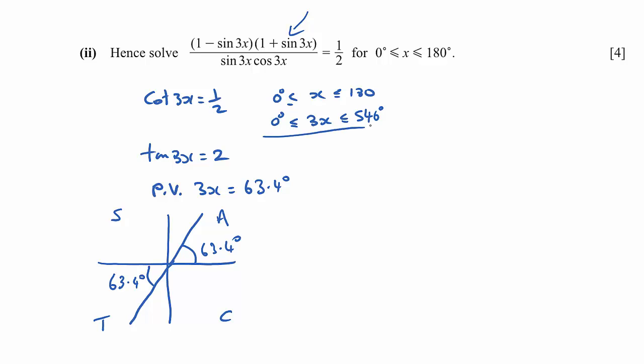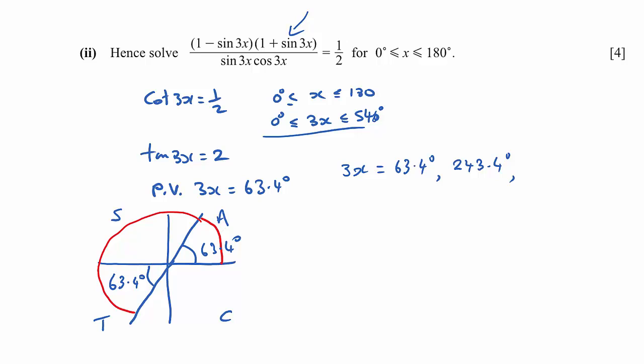And we have to collect angles from 0 to 540, which means essentially that we're going to be going around 1.5 times. So 3x is going to be 63.4, and then we're going to go around here, and that's 180 plus 63.4, which is 243.4 degrees.